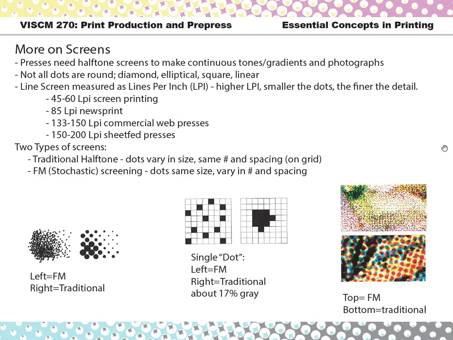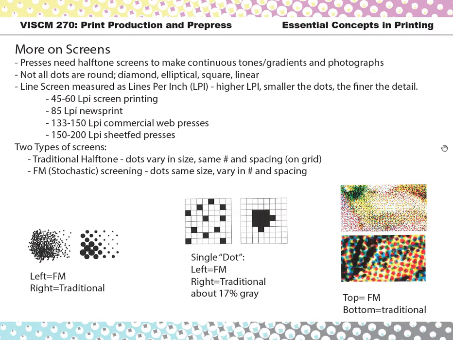And so when you have a screen, a line screen they call it, they take the measurement of it and they call it lines per inch. What's the line screen of this plate or this press or this type of printing?